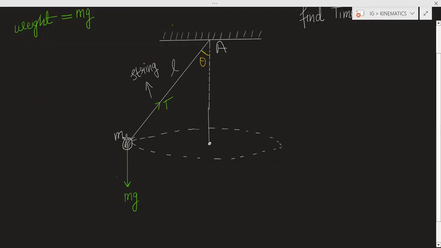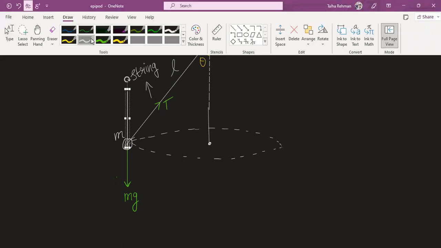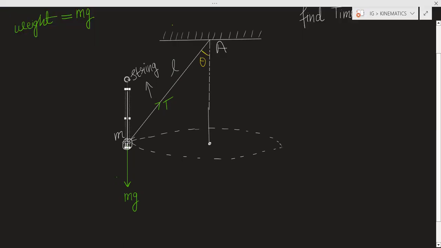I am drawing a line like this, and I am drawing a line toward the center like this. Now see this angle, I assume it is theta. This line and this line are parallel lines.